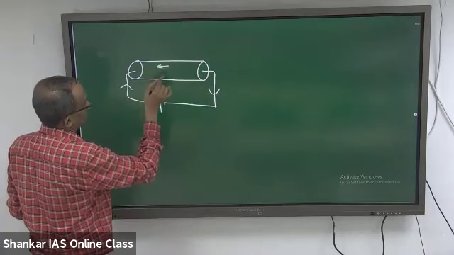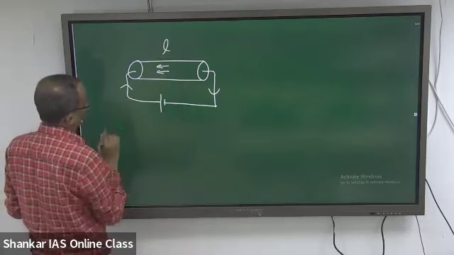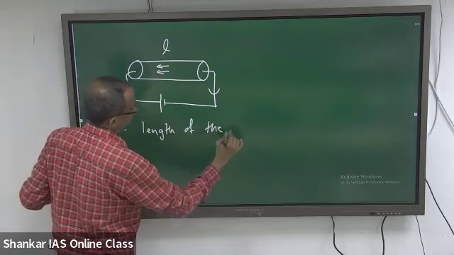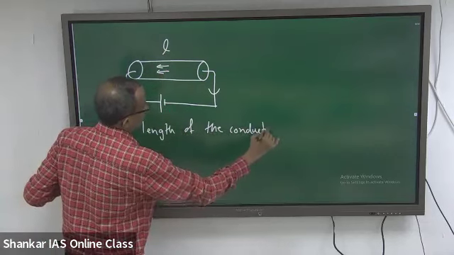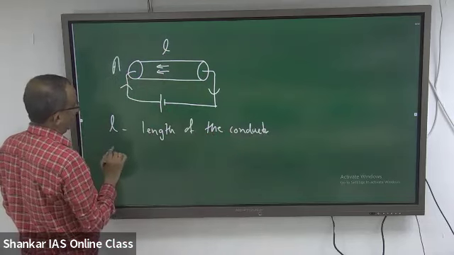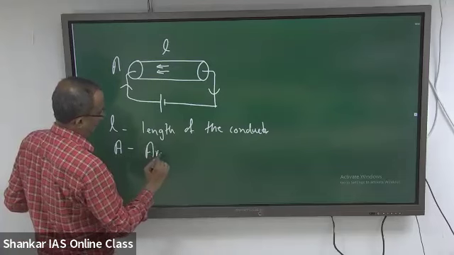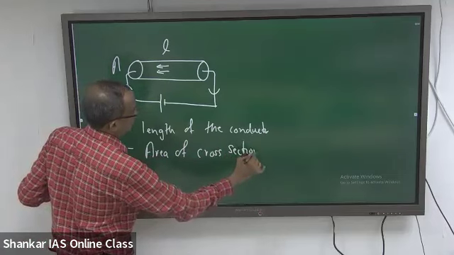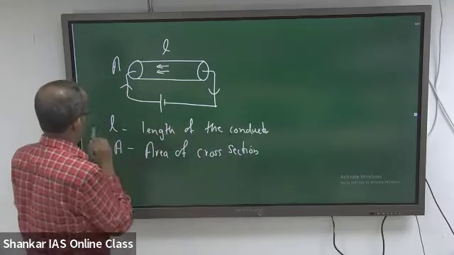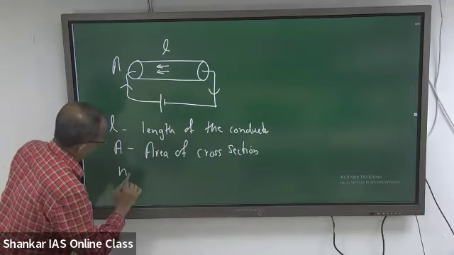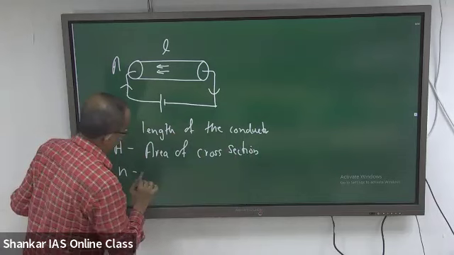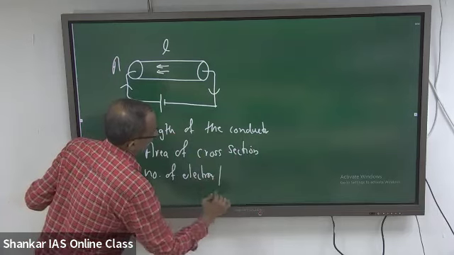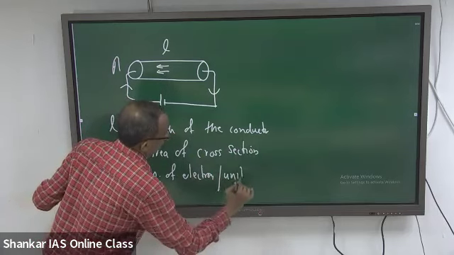The electrons are drifting in this direction. Let L be the length of the conductor, and let A be the area of cross section. n is the number of electrons per unit volume.